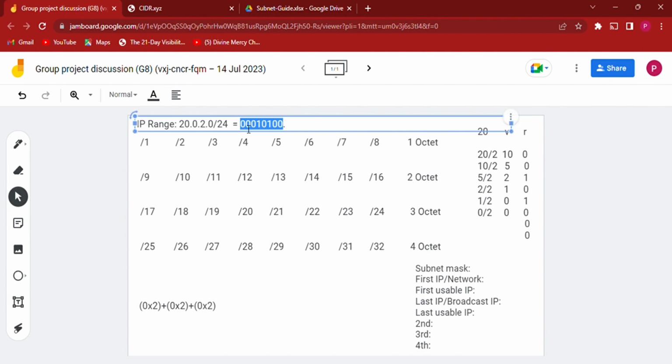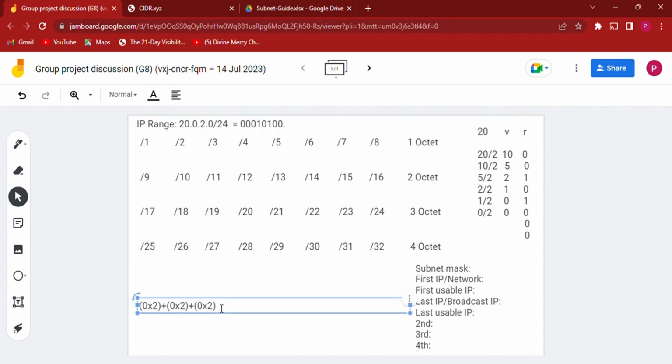The first 0, the second 0, the third 0. Now we are moving on to the 1, plus 1 times 2 plus 0 times 2, 0 times 2, plus 1 times 2 plus 0 times 2 plus 0 times 2. So that's 1, 2, 3, 4, 5, 6, 7, 8.